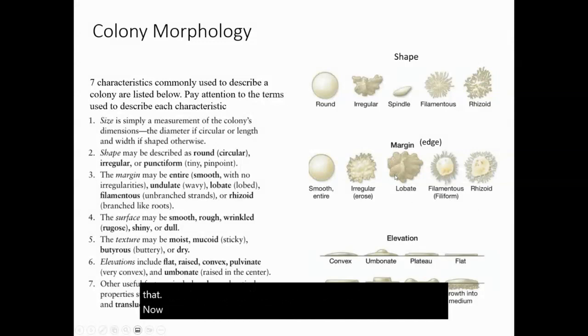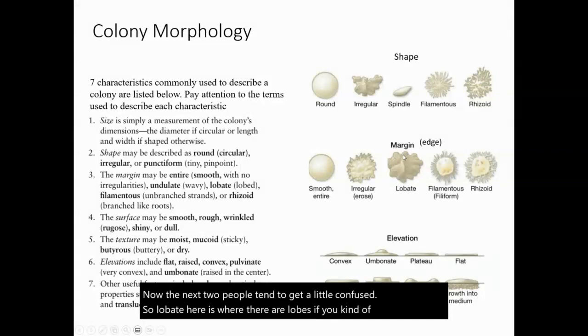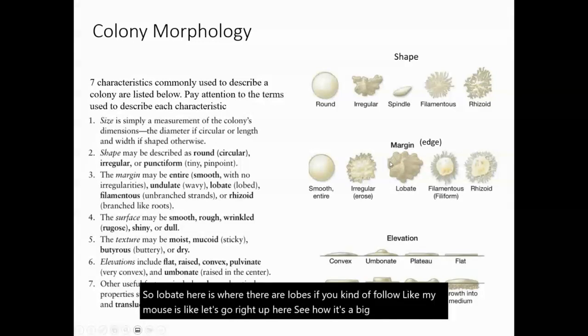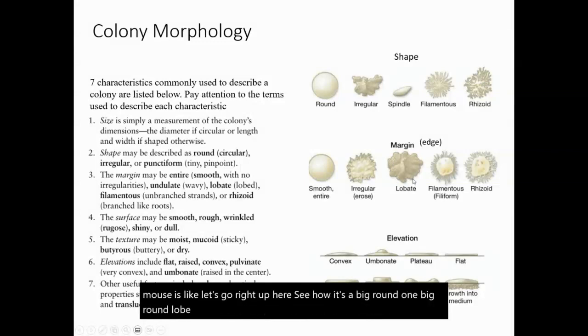Now, the next two, people tend to get a little confused. So lobate here is where there are lobes. If you follow my mouse, let's go right up here. See how it's a big round one, big round lobe? That's going to be lobate.